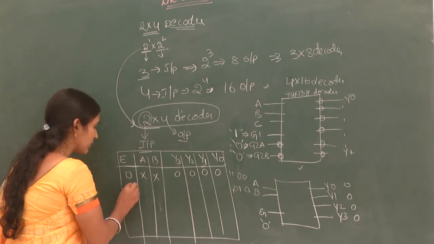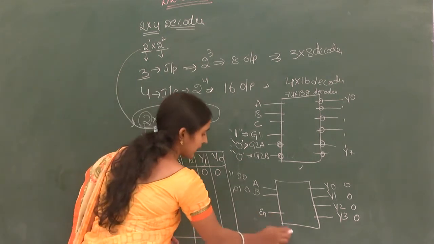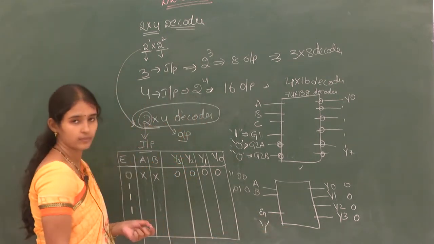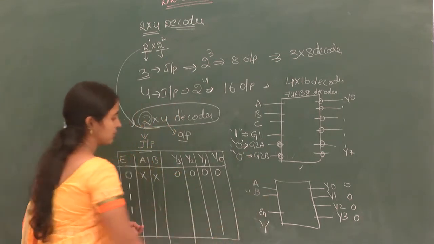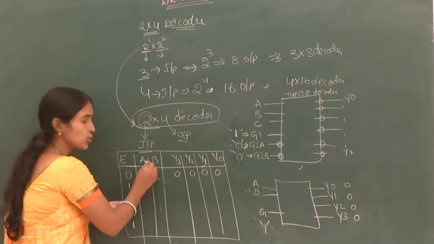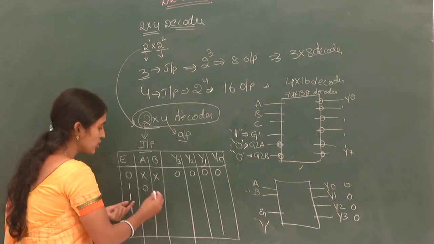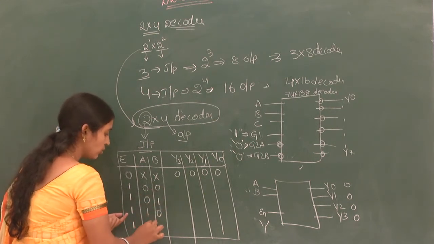At the same time, suppose I am making enable input 1. If I make enable input equivalent to 1, what happens then? As there are 2 inputs, how many possible combinations will you get? 0, 0, 0, 1, 1, 0 and 1, 1.